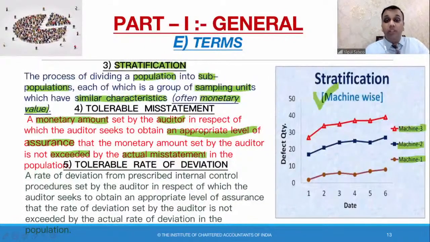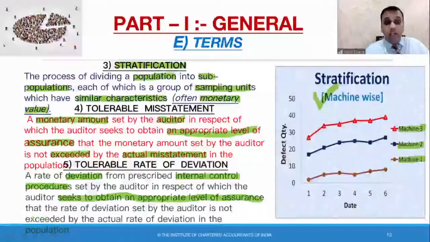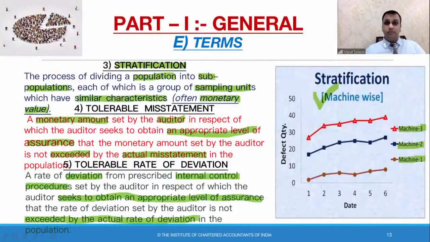What is tolerable rate of deviation? A rate of deviation from prescribed internal control procedures set by the auditor in respect of which the auditor seeks to obtain an appropriate level of assurance that the rate of deviation set by the auditor is not exceeded by the actual rate of deviation. The auditor says, I want to see the attendance register of the security guard.